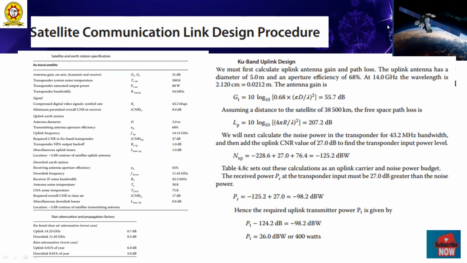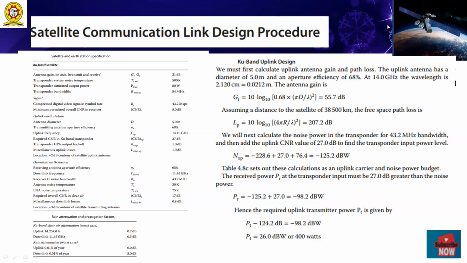So in this example, we have the parameters with respect to Ku band. Antenna gain 31 dB, noise temperature 500 kilo Kelvin, output power 80 watts, bandwidth 54 megahertz.